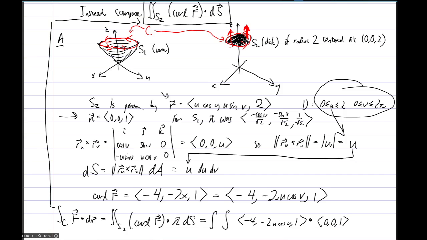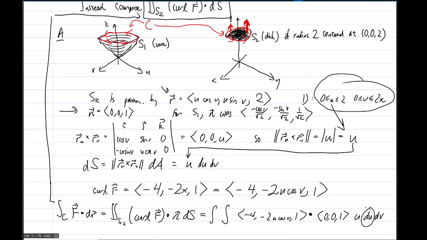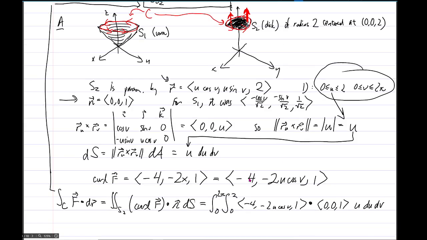And then the dS, we had just computed that as well. Over here, it was u du dv. Since u is the inner integral, we can take the parameter domain information, put 0 to 2 on the inner integral, and put 0 to 2 pi on the outer integral. This integral is really nice to do, so let's compute this.